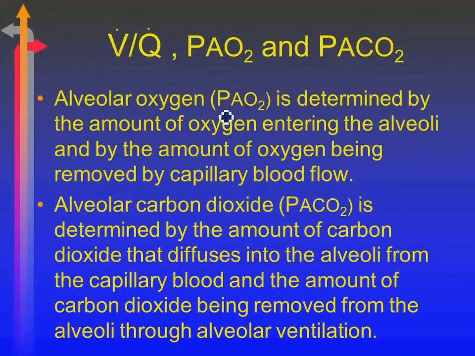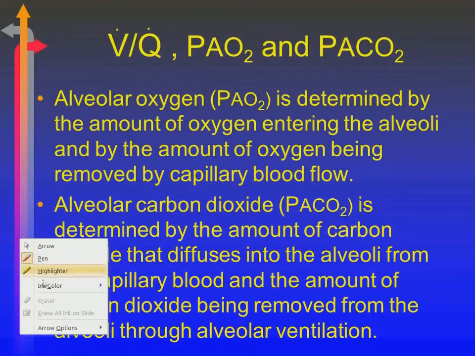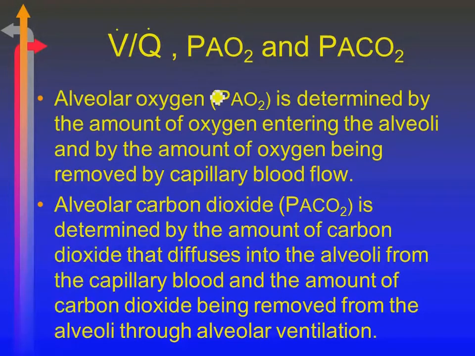If I take a look at the alveolar oxygen levels that we end up having, so how much oxygen is in that alveolus? Well, that's going to be determined by two things. How much oxygen is brought in and how much oxygen is extracted, pulled away.